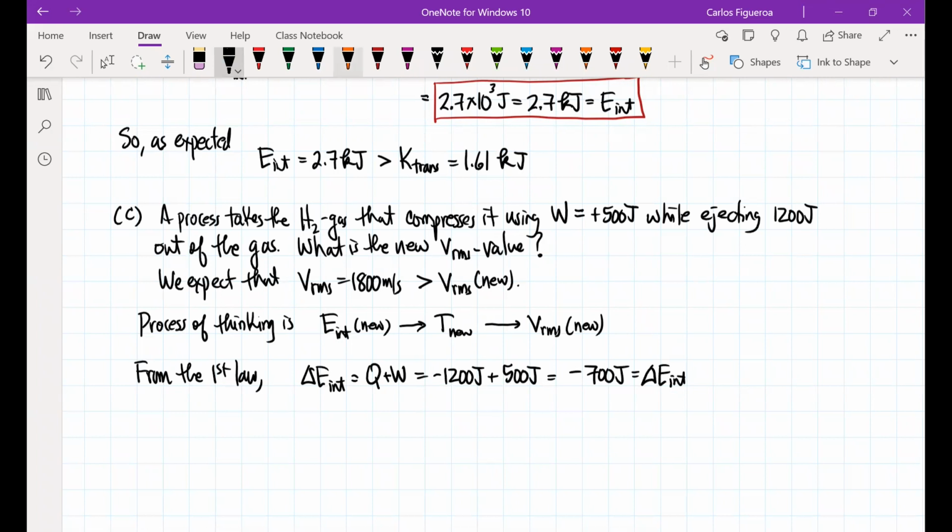Clearly, you see a decrease here, so it's clear that there's a decrease in internal energy. And as we said before, that should give me a lower RMS speed.